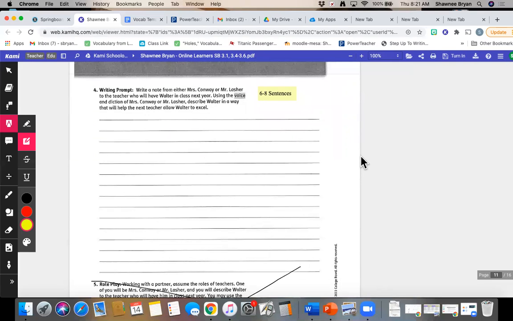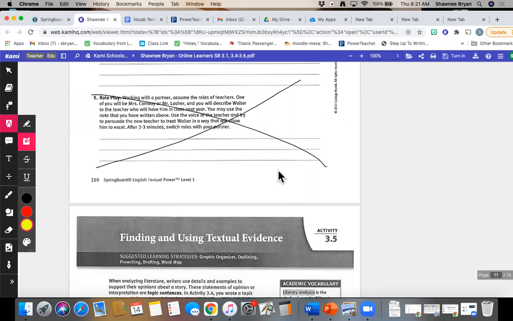So based on who you choose, either Mrs. Conway or Mr. Lasher, you want to match their voice, meaning you want to be able to show the audience whether that teacher really liked Walter or whether they disliked Walter. This note should be between 6 to 8 sentences for full credit. That is going to be the end of 3.4.